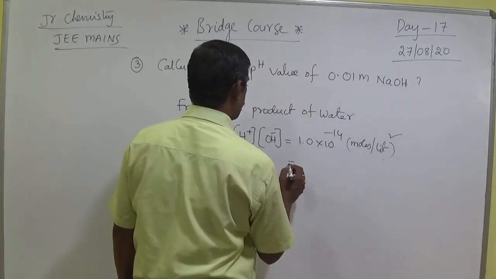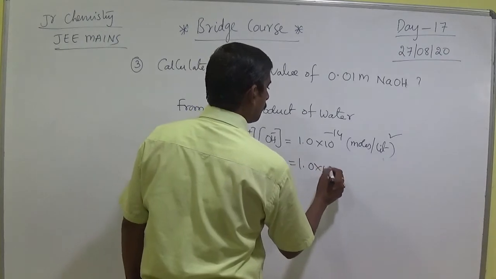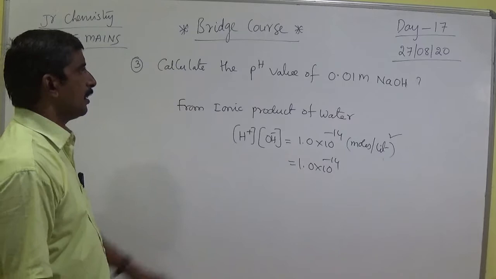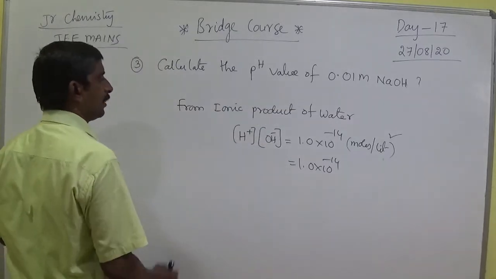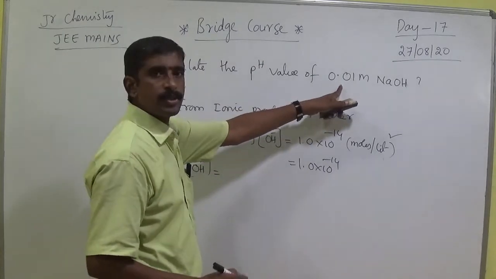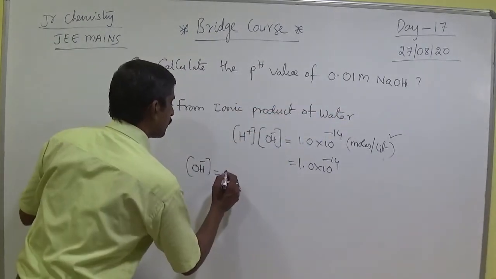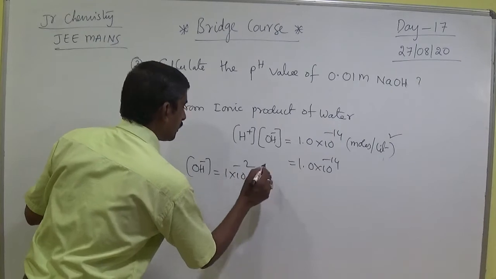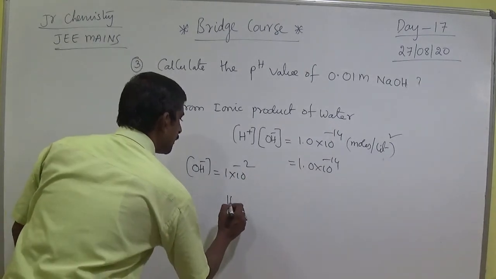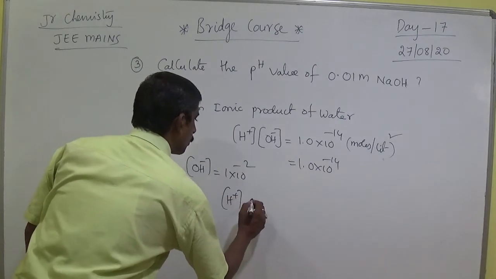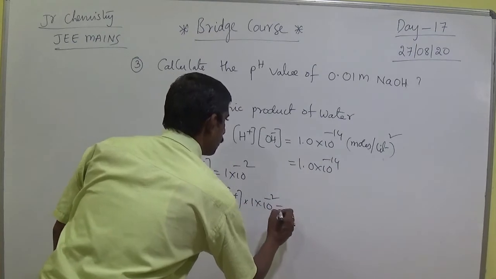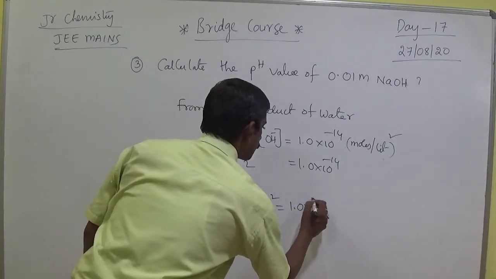That means H plus into OH minus concentration equals 1 into 10 to the power minus 14. Here, how much OH minus concentration is given? 0.01, that means 1 into 10 to the power minus 2. So H plus into 1 into 10 to the power minus 2 equals 1 into 10 to the power minus 14.